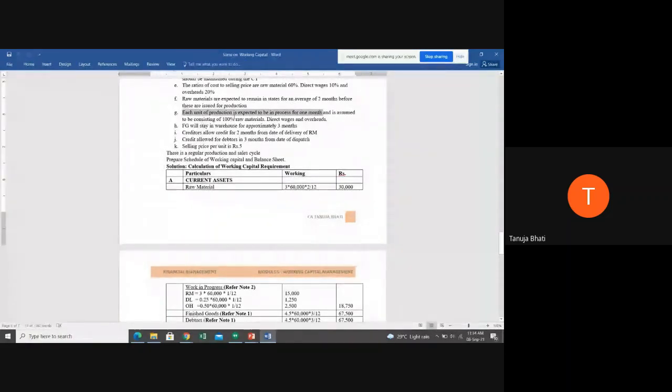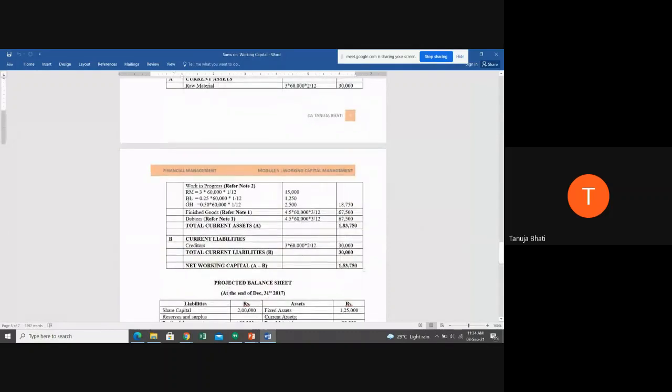Each unit of production is expected to be in process for 1 month, so you take 1 by 12. Now, direct labor, you're not going to take the complete amount, only 50%. So it is 0.25 into 60,000 into 1 by 12. And overheads is 0.50 into 60,000 into 1 by 12. So you have got the amount of work in progress.